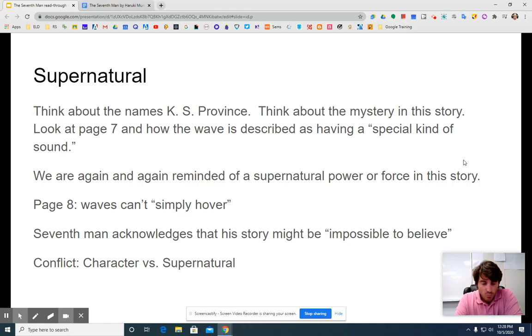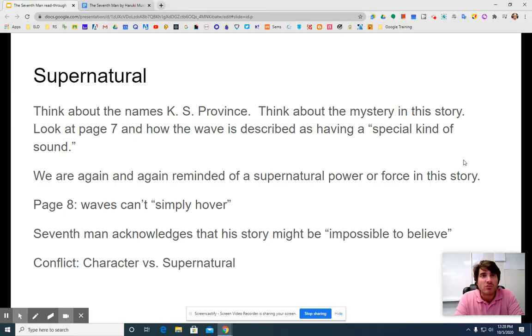One of the other things we've talked about in terms of conflict is the idea of a character versus God or the supernatural or fate. So I'm going to make the argument that there's a little bit of supernatural in this story as part of the conflict. I think names like Kay, S Province, Seventh Man, Strange Group of People, all that mystery that we talked about at the beginning of this video, adds to this supernatural feeling.